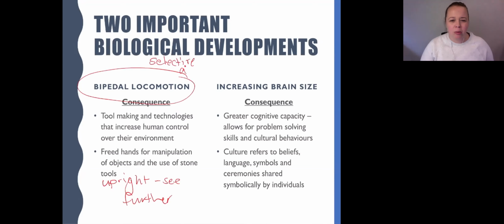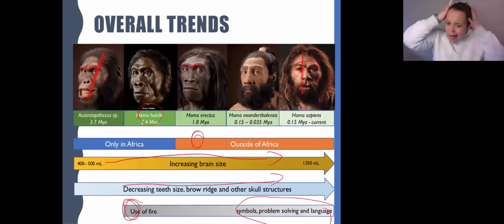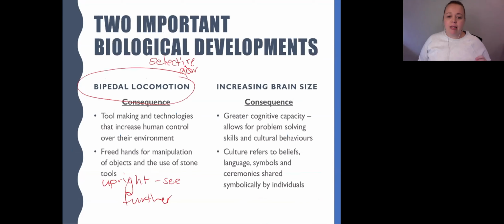The other thing that's really noticeable in these trends is brain size. Our brain size getting bigger means that we have a greater cognitive ability. Once we get greater cognitive ability, we start to get language, shared beliefs, symbols, ceremonies, and we start to be able to work more collaboratively.